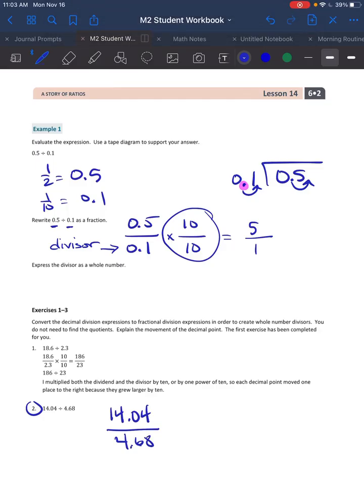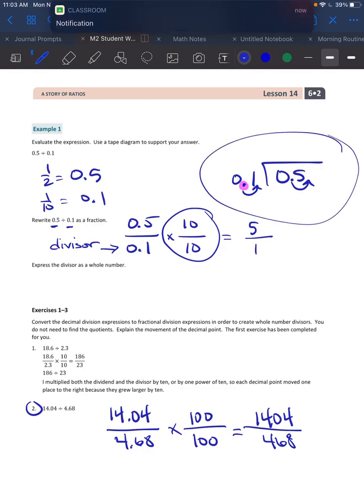I know there are 2 decimal places I need to move over, so I need to multiply the top and the bottom by 100. Then I can divide 1404 divided by 468, and you can do that long division. That's all you're doing.